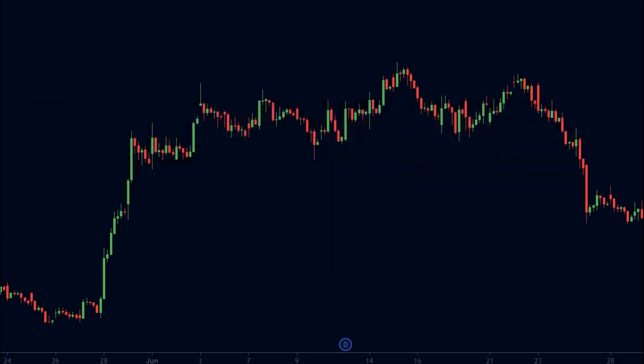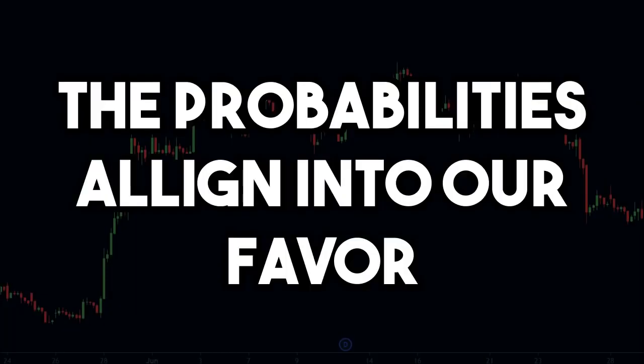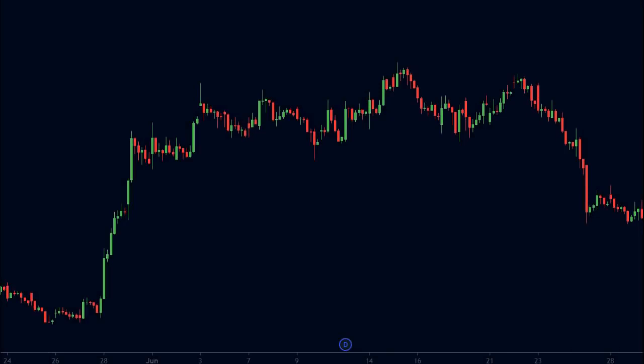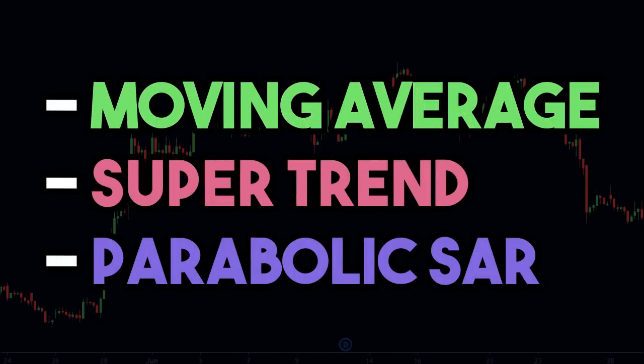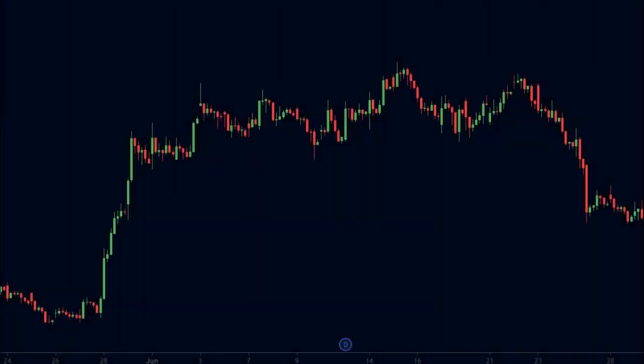This is because, if we trade in the direction of the trend, then the probabilities align into our favor. This is why a lot of traders say that the trend is our friend. Moving averages, super trend, and parabolic SAR are some of the most popular trend indicators. Each of them show us the trend of the market.